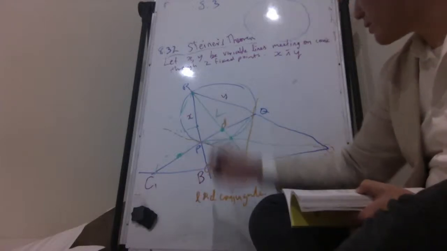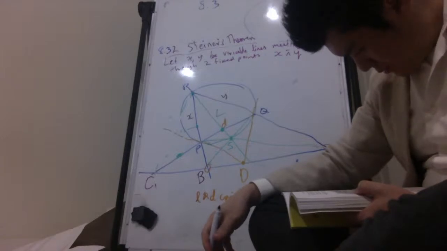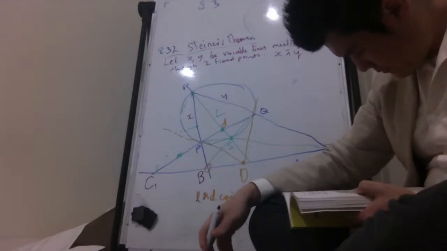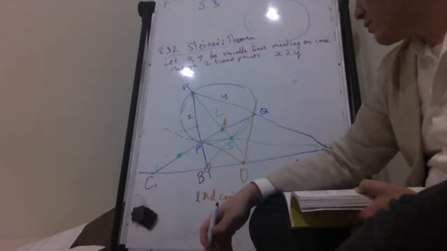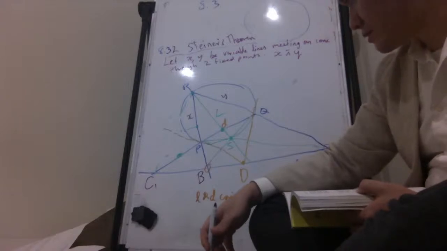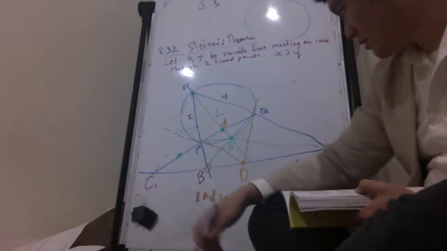Using Seidel-Wich's theorem, B and A are conjugate, and so they are a pair of the involution of conjugate points on C. If you remember, a polarity induces an involution of conjugate points on a line, and the involution just pairs up conjugate points.